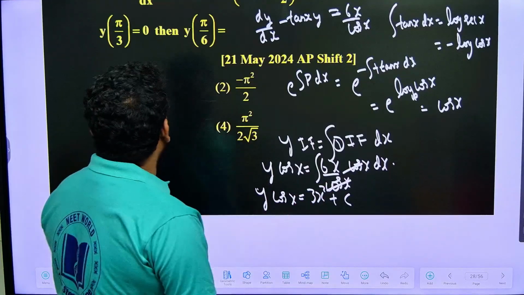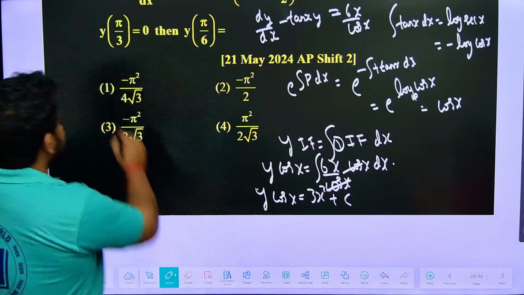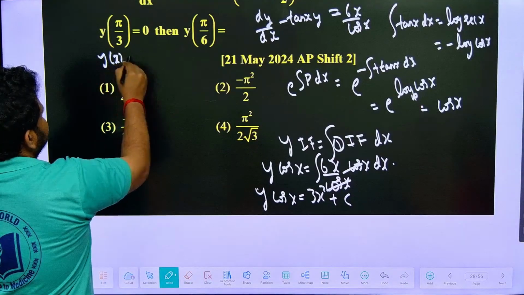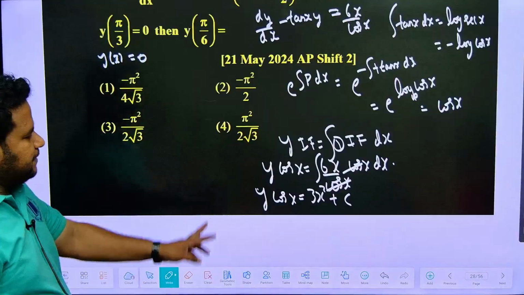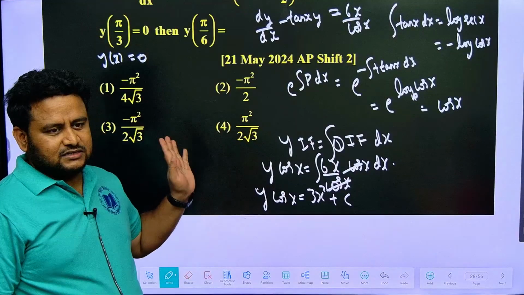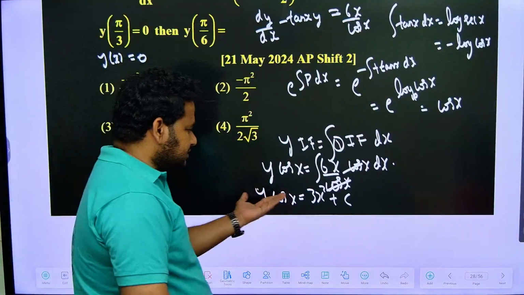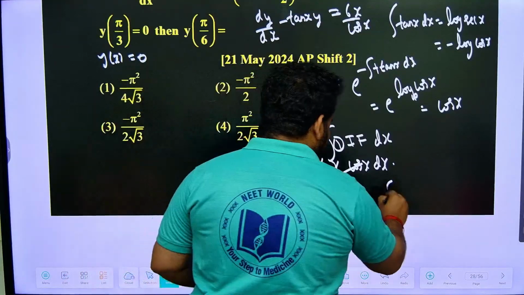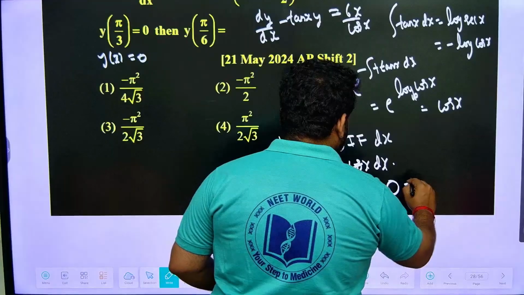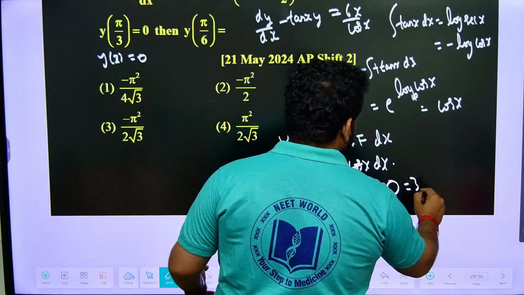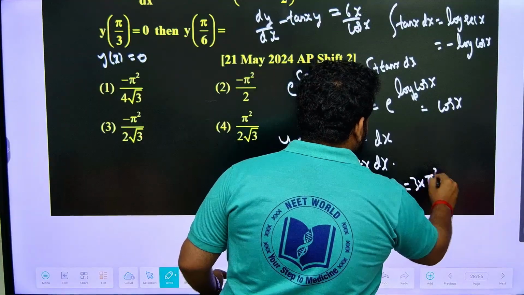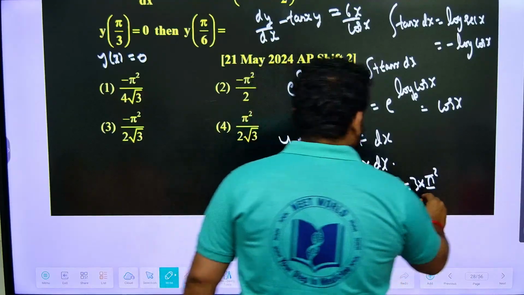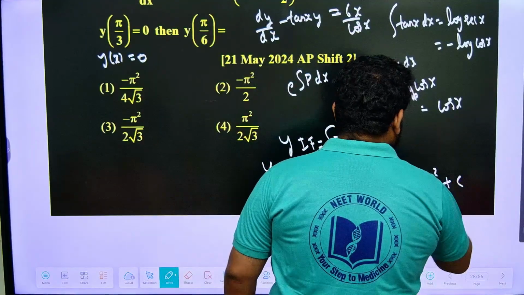Now they are telling y of pi by 3, which means when I put x is equal to pi by 3, the y value should be 0. So y value is 0 means LHS will be 0. That will be equal to 3 into x square, with x value pi by 3, so pi square by 3 square is pi square by 9, plus c. 3 ones are 3, 3 threes are 9.